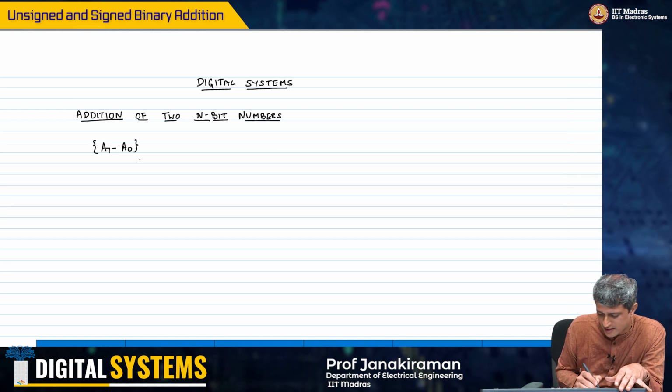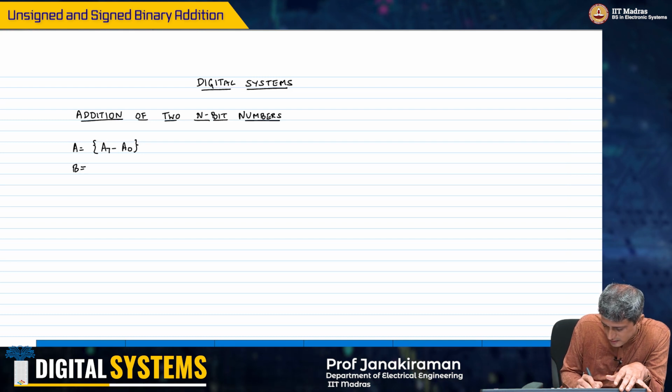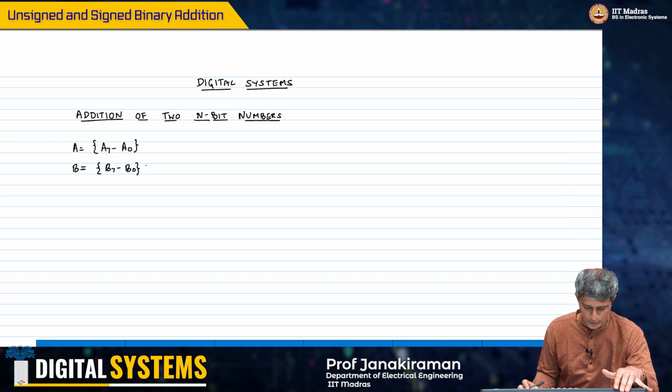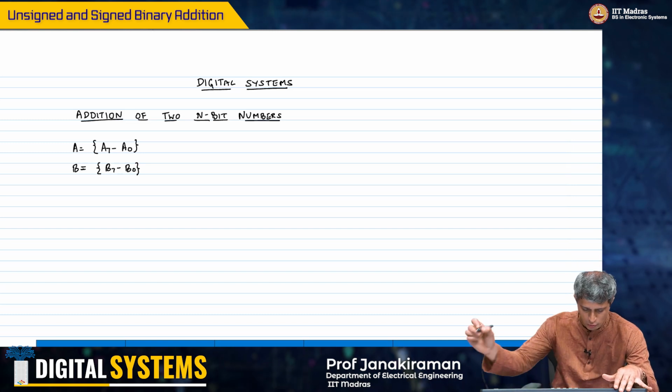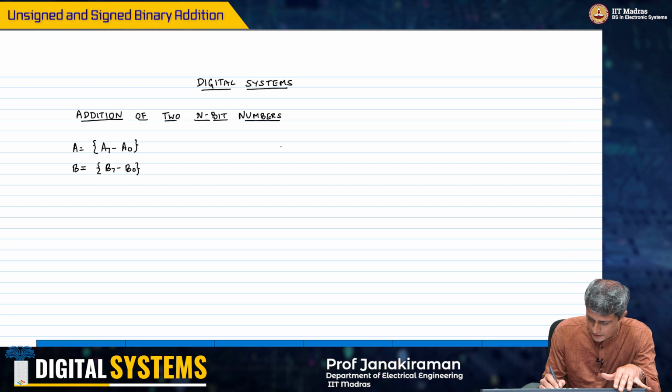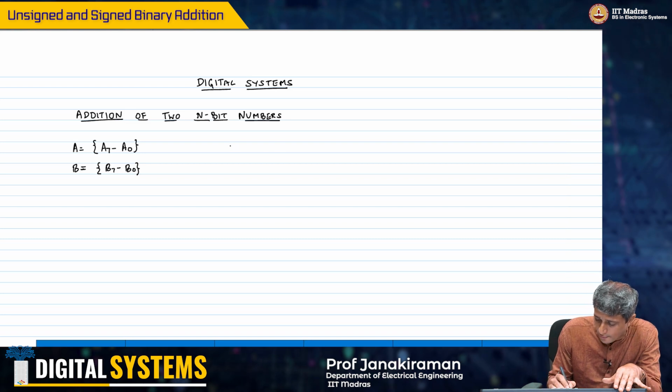This is my A and my B is going to be B7 down to B0. Now obviously you have to define what the MSB and what the LSB is.